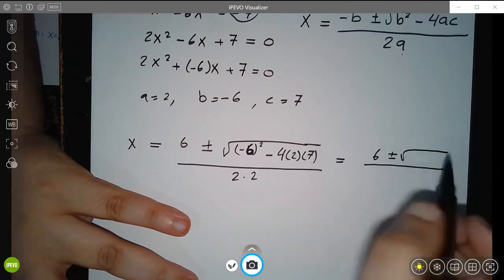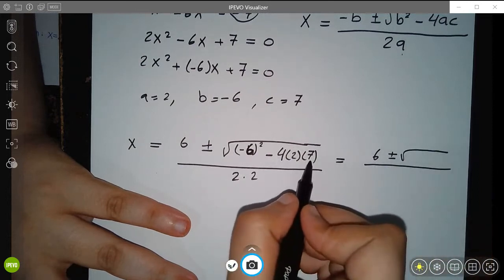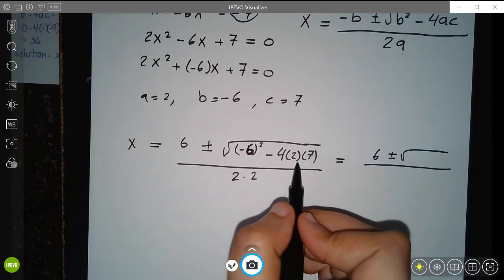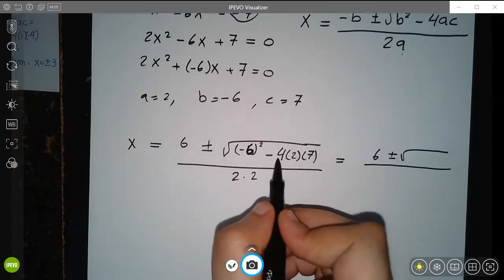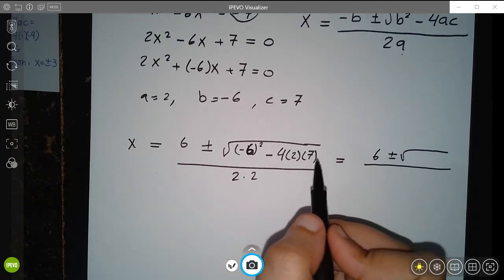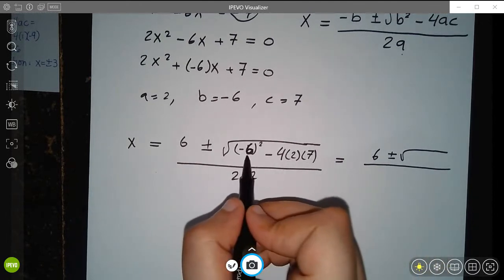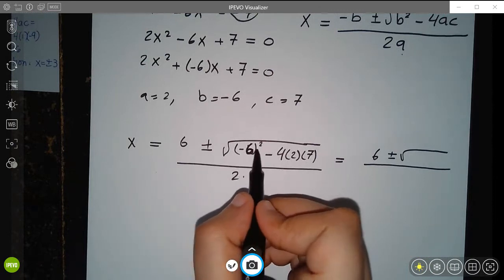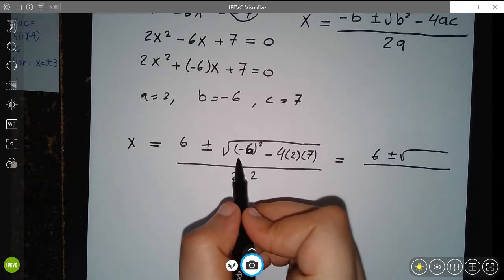Now let's deal with what's underneath the root. You have 4 times 2 times 7, so that's 4 times 14, which is 56, right? Now negative 6 squared is 36.